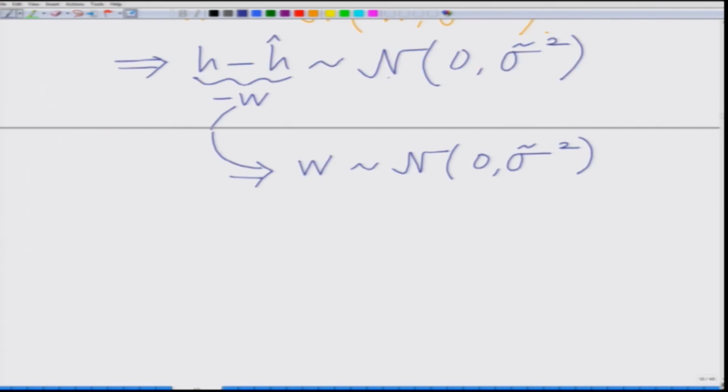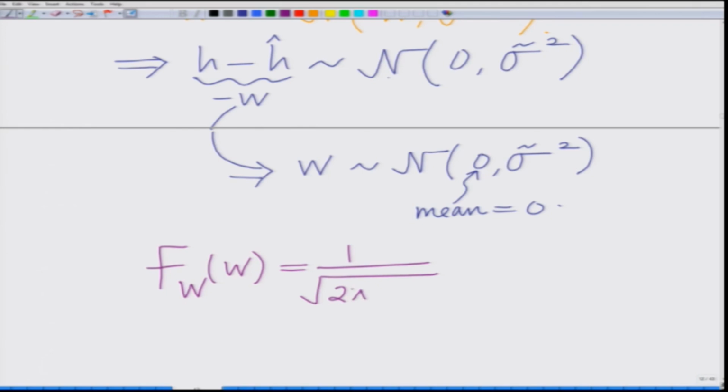Okay. The mean equals 0, and therefore, now you can write the probability density function of this estimation error W, which is equal to 1 over square root of 2 pi sigma tilde square, e raised to minus W square divided by 2 sigma tilde square.